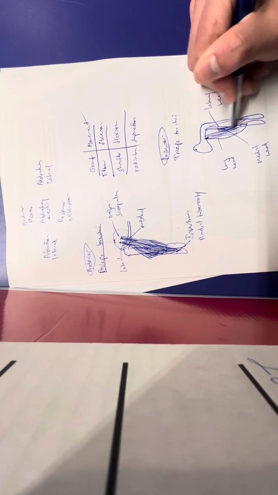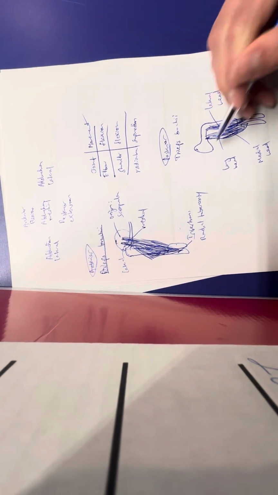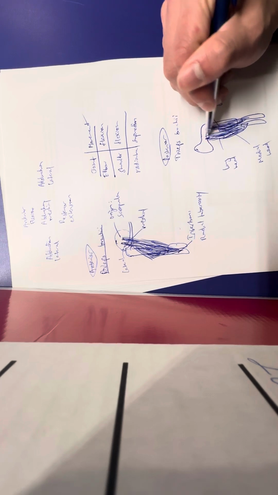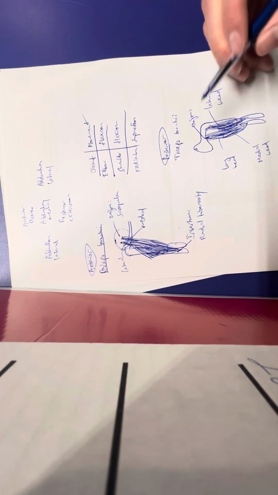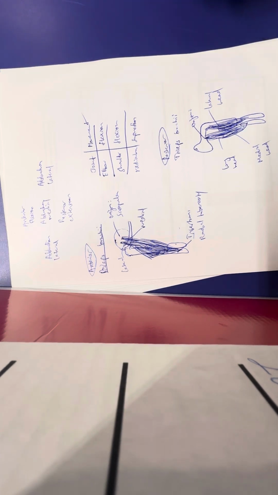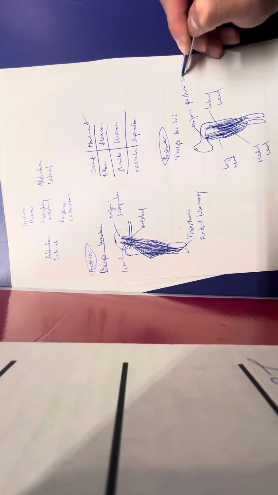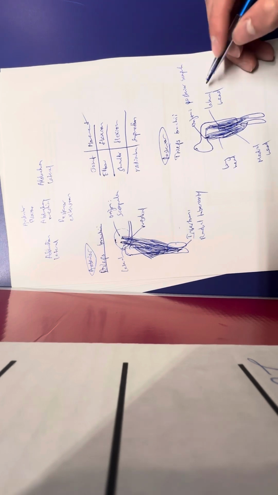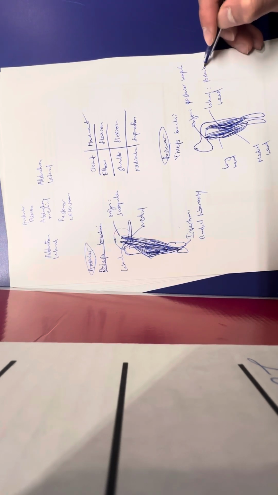So this will go down like this. Basically, origin of the long head: it starts in the posterior scapula. For the lateral head, the origin is the posterior humerus.